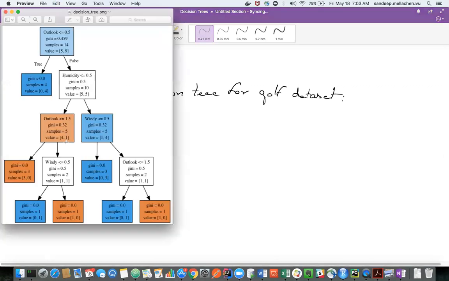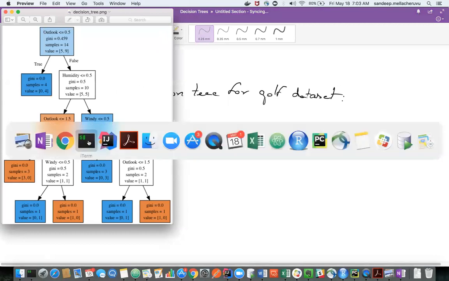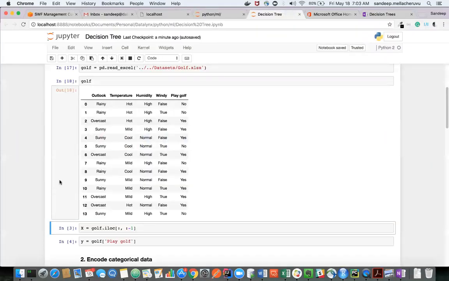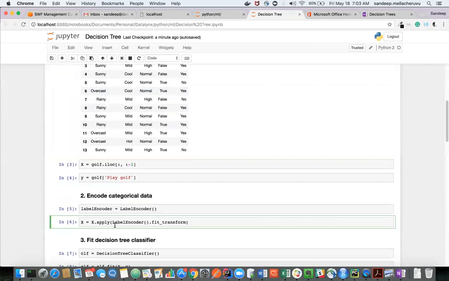Let's try to understand bit by bit. Now first we need to understand how this outlook is less than 0.5. What are these numbers? For that, let me write it from the data itself.